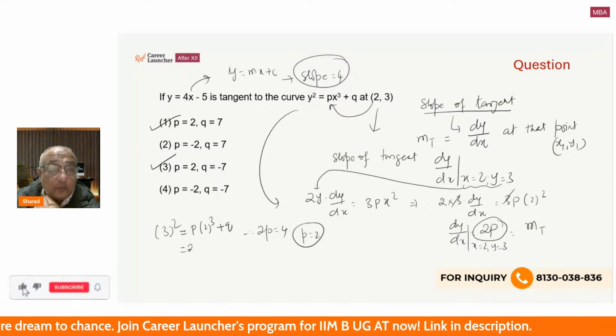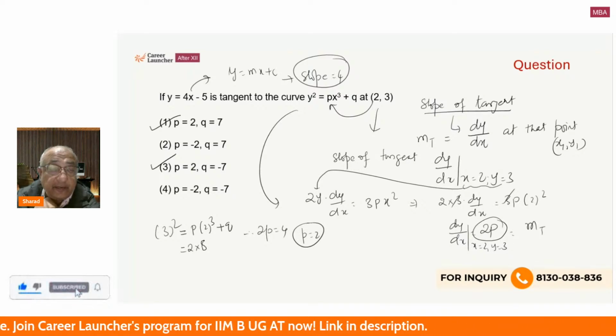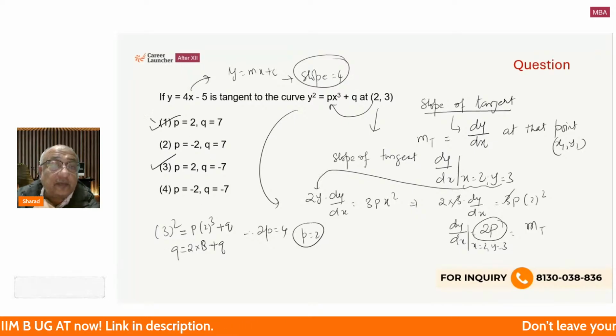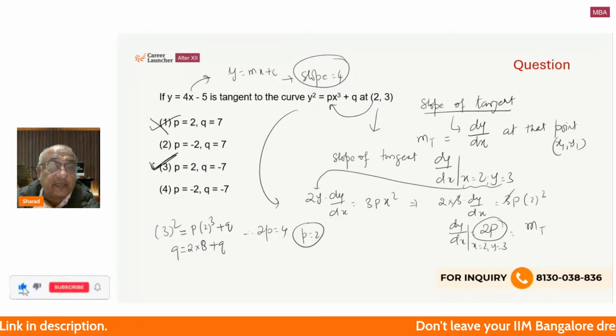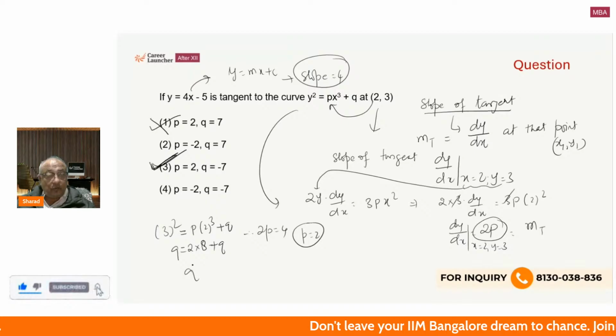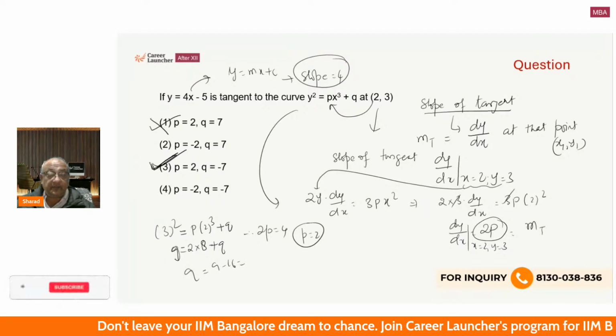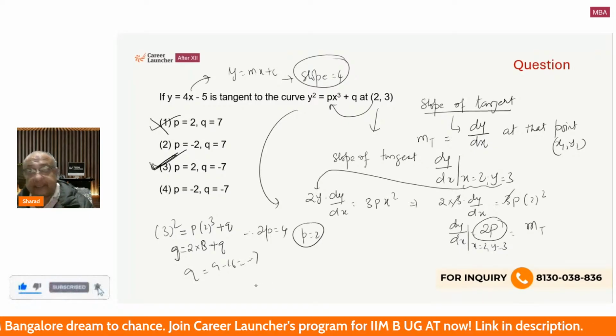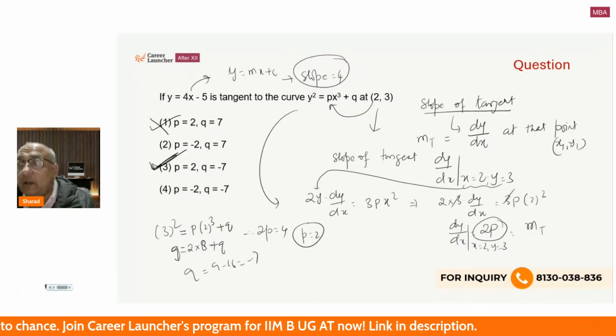We have got 2. So 2 into 8, which is 16, plus q is equal to 9. Oh, wow, we have got the answer. This is incorrect. This is my choice. Question number 2. q is equal to 9 minus 16, which is equal to minus 7. So this is also a concept, I think, which you should recall and remember.